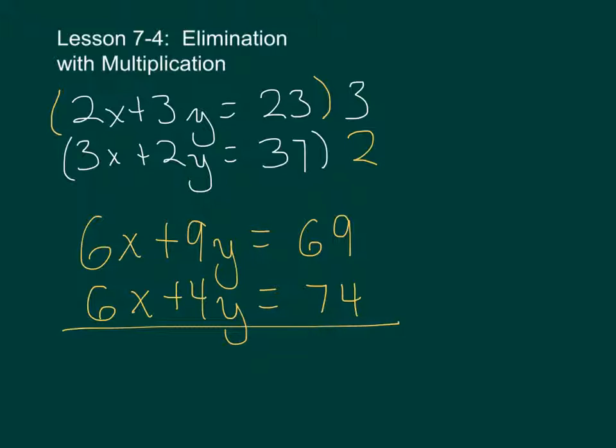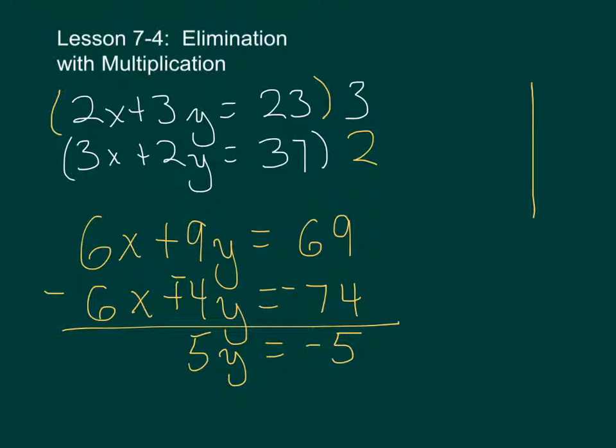Then we could say, okay, I can now subtract these and I can eliminate a variable. So I change all the signs on the bottom one, and I get 5y is equal to negative 5.